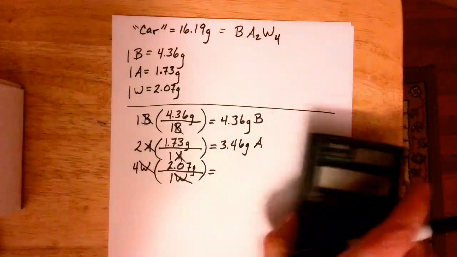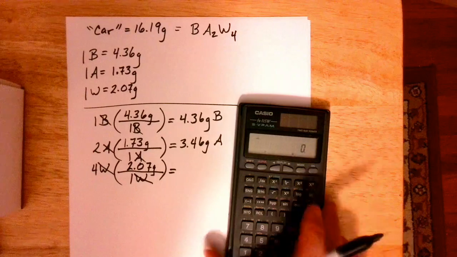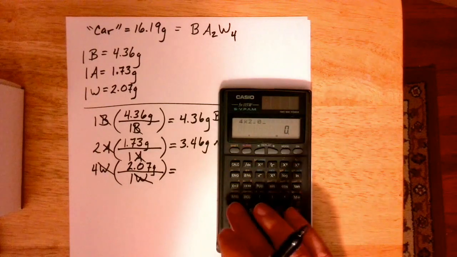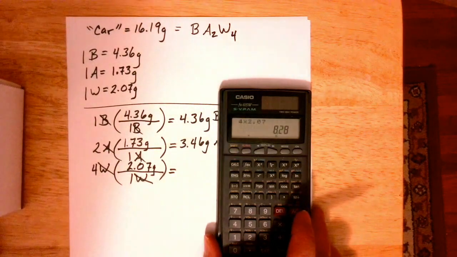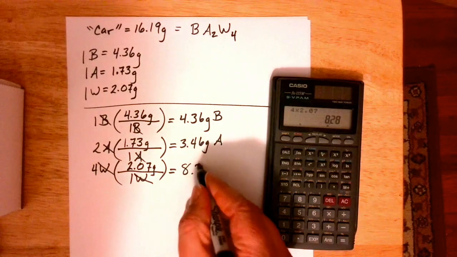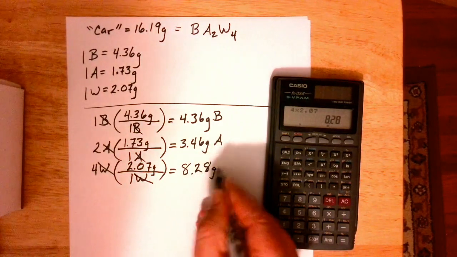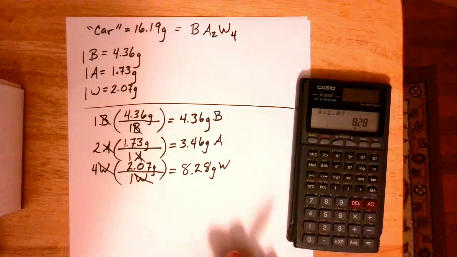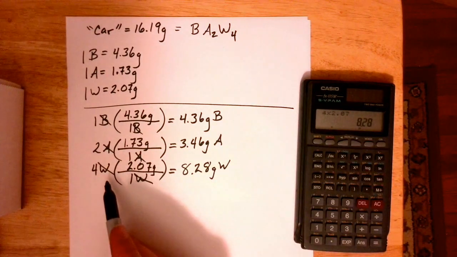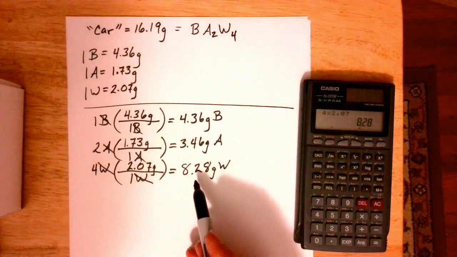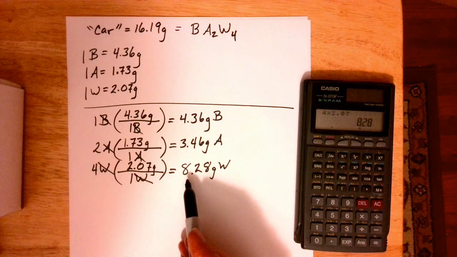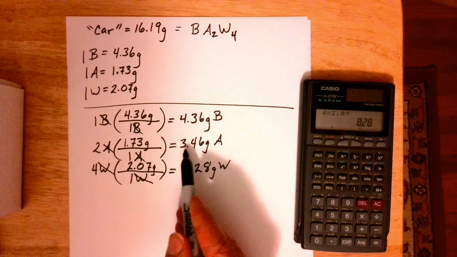So now I'm going to take 4 times 2.07, and we get 8.28 grams for wheels. Okay. That means if I were to weigh all the wheels, assuming each one is pretty close to being the same here, I should have a total mass of 8.28 grams just for the wheels.